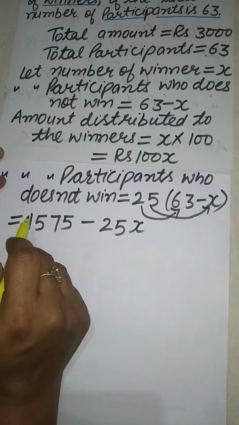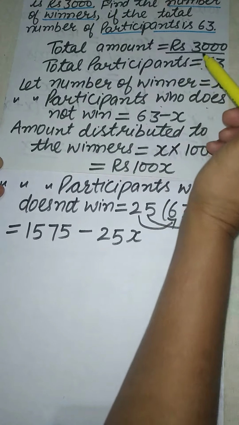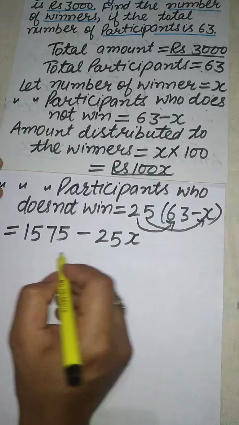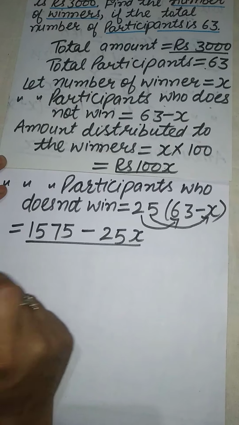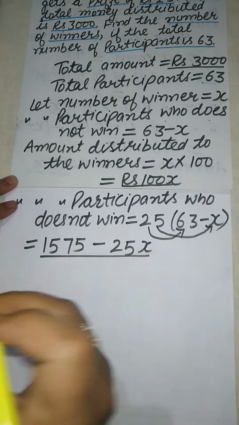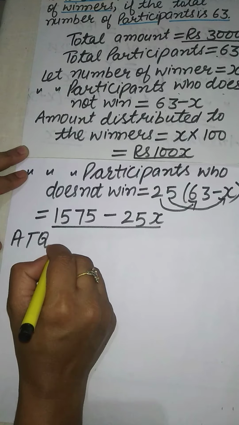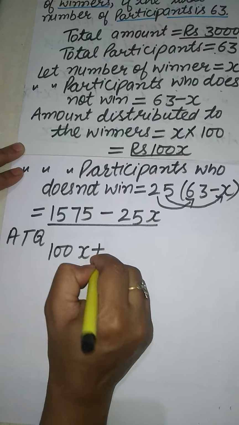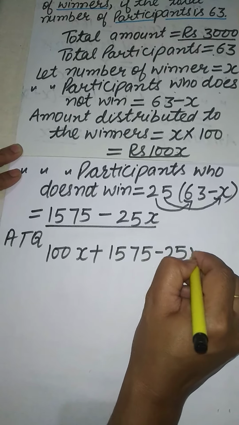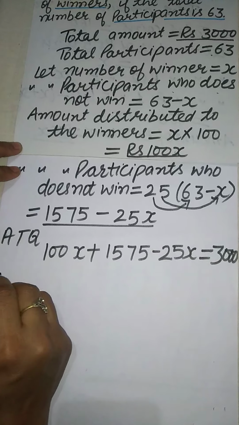Now, as we have the total amount of rupees 3000, the sum of these two terms will be 3000. That is the money distributed to the winners and the participants. So according to the question, 100x plus 1575 minus 25x is equal to 3000.